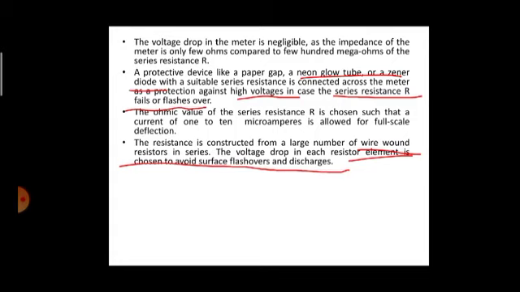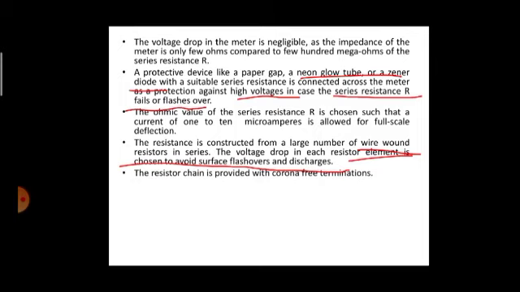So a value of say less than 5 kilovolt per centimeter in air, or it can be less than 20 kilovolt per centimeter in good oil. Okay, that is permissible.